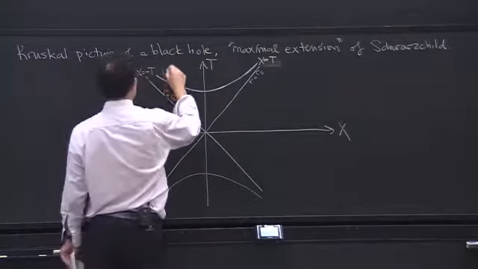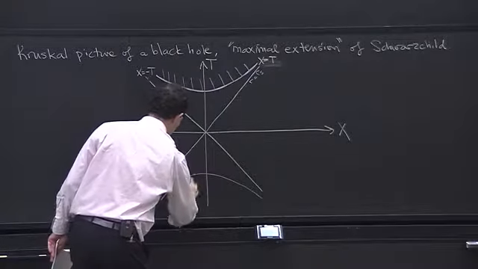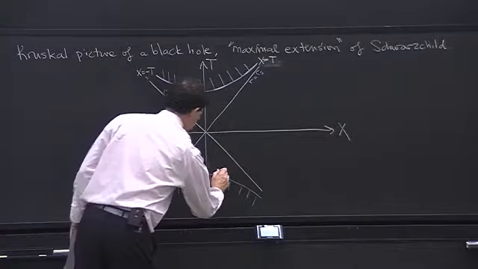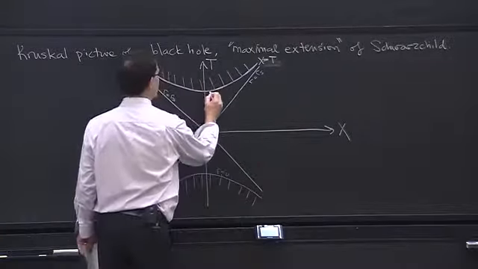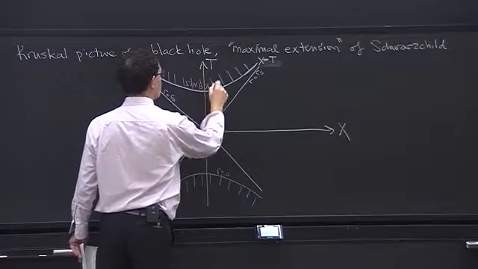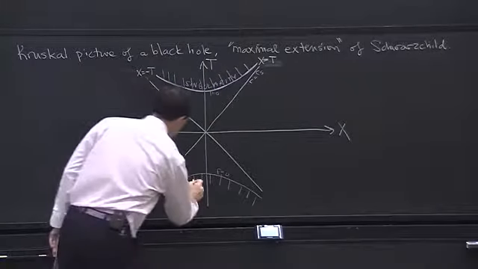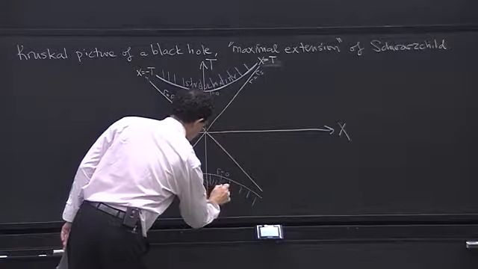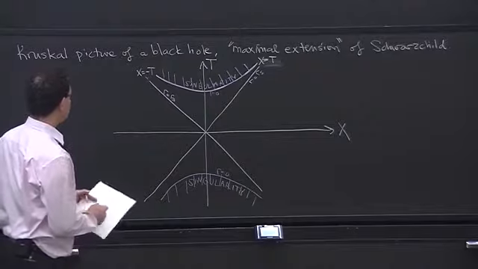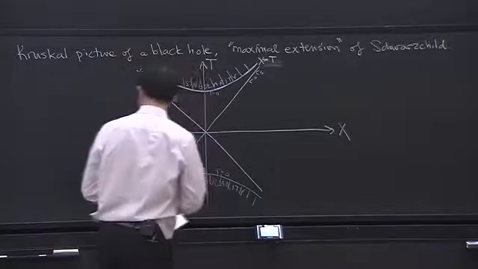Okay, and this part of the space-time, that's r less than 0. So this is r equals 0. This is r equals 0. This is the singularity. So we don't know how to go beyond there using GR.